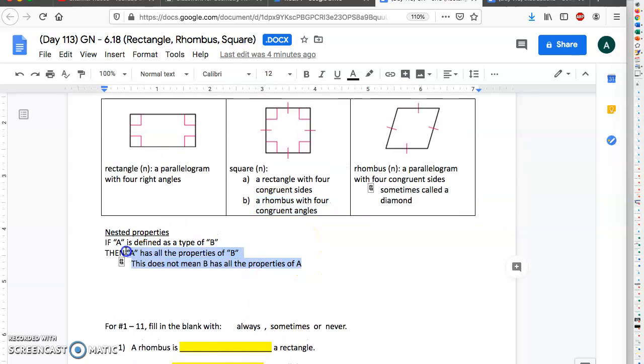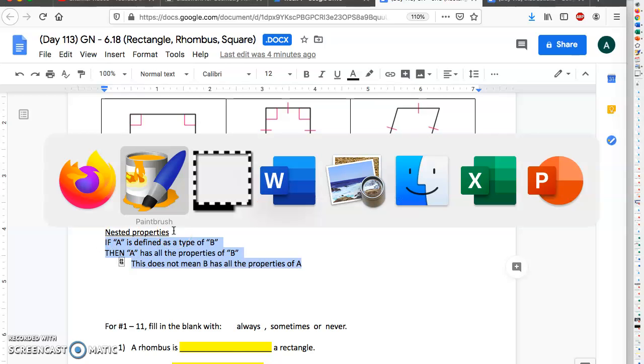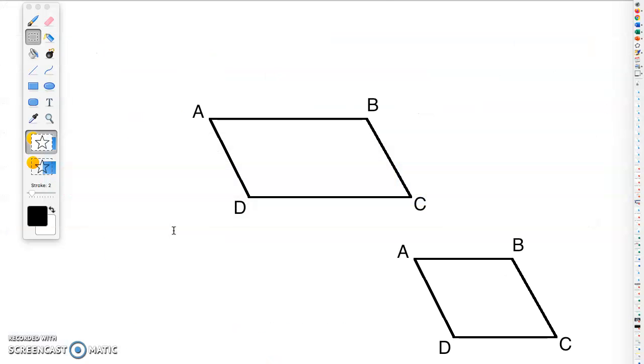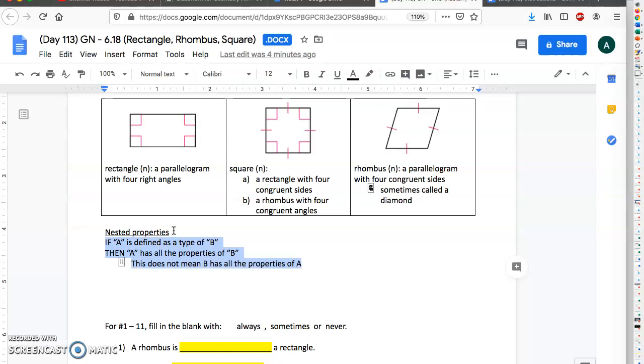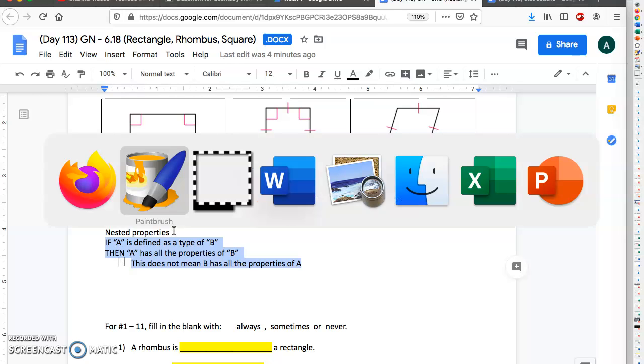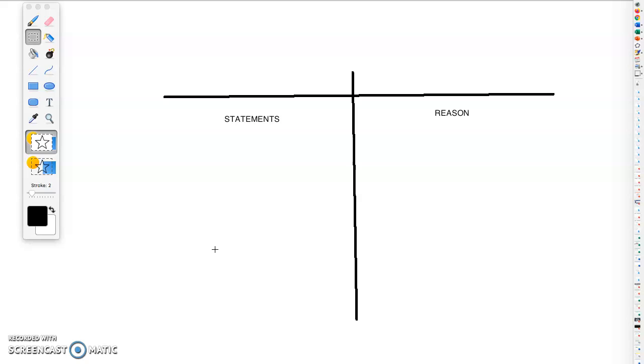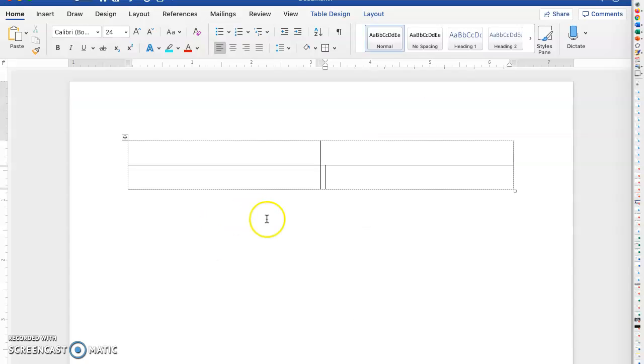I want to talk here about nested properties. Nested properties is one way that helps you to think of the properties of these different types of figures. Let's give an example. Let's say that we're talking about humans.